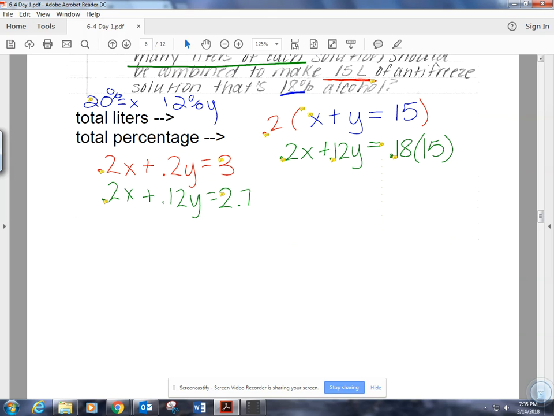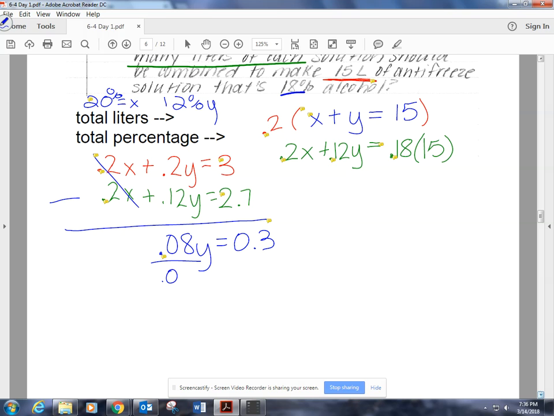If I look at the X terms, they have the same sign in front. Same means we're going to subtract the equations. When I subtract, that cancels out and we have 0x. We can, but we don't need to write it. Then when we subtract 2/10 minus 12/100, we get 8/100 Y, and 3 minus 2 7/10 gives us 3/10.